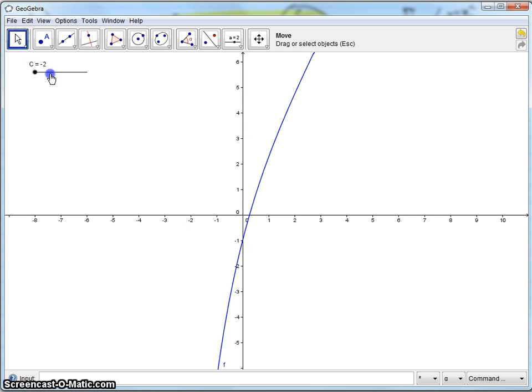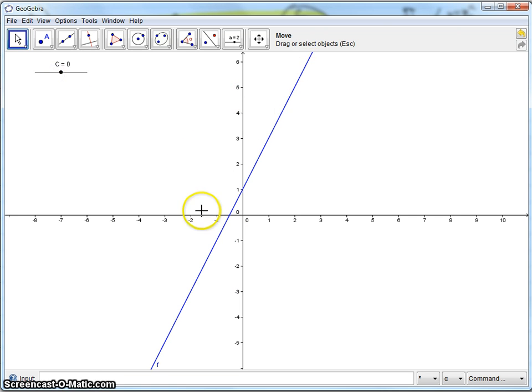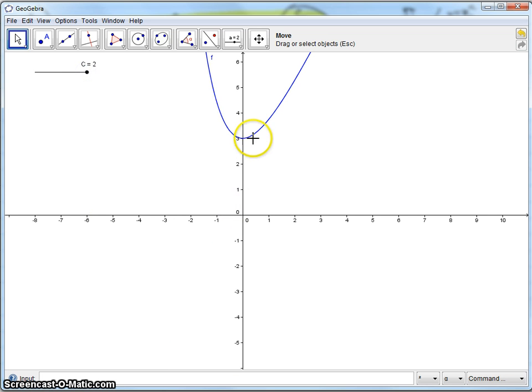What about if it's 0? Well, as we said, if c is 0, then we get the linear solution, which is y is equal to 2x plus 1. And if I make it positive, as x tends towards negative infinity, y will curve back up and go towards positive infinity.